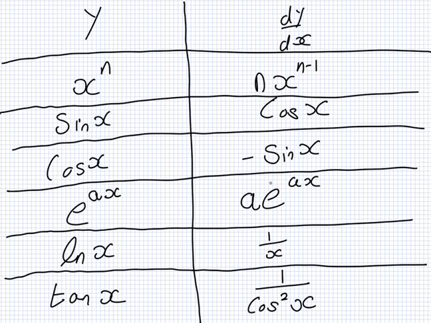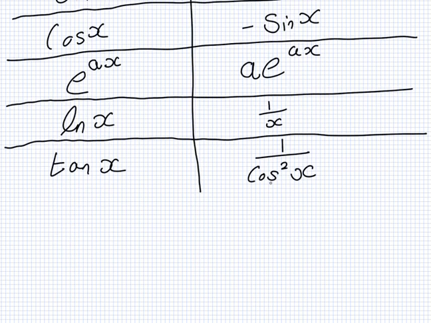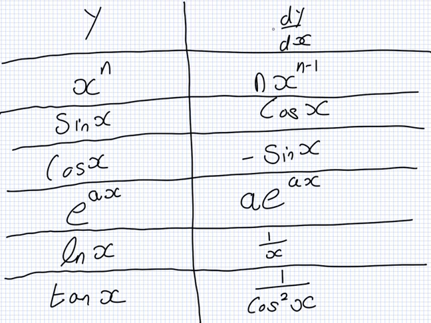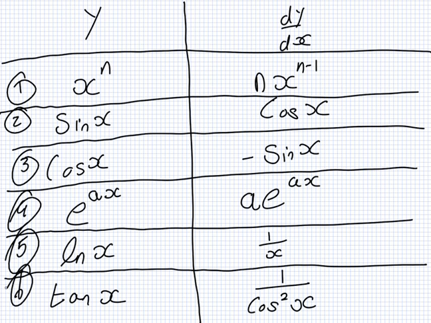Okay. Do you have this table? Yes? Okay. Let's have a look at some examples. So my first example we'll say is a quadratic. We'll say something like x squared plus x plus 1. So which rule will I need to use on my table? 1, 2, 3, 4, 5 or 6?